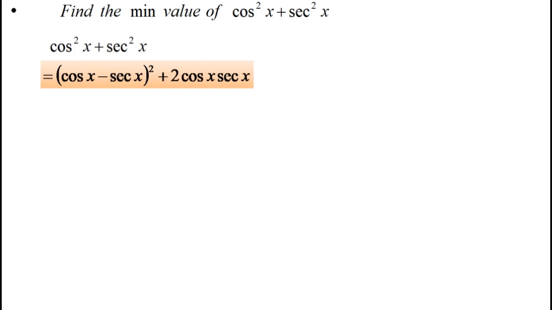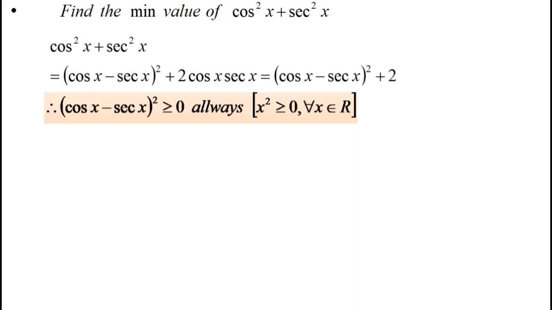We know sec x is equal to 1 by cos x. Then 2 cos x into sec x is equal to 2 into cos x into 1 by cos x. Cos x and 1 by cos x cancel and we get 2. Then this expression is equal to cos x minus sec x whole square plus 2.